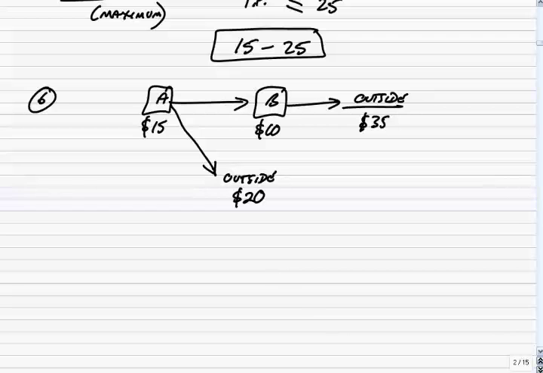This time, though, there is unlimited external demand from A, and A has limited capacity. Now read that carefully and see the difference in wording. It means that everything A can produce, all of it, could be sold outside for $20.